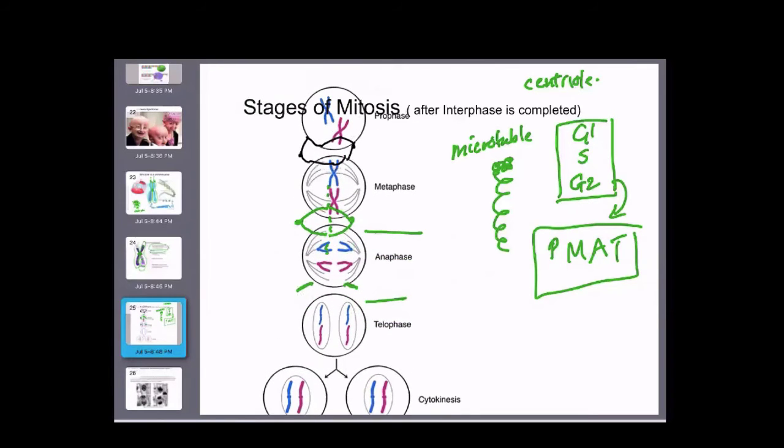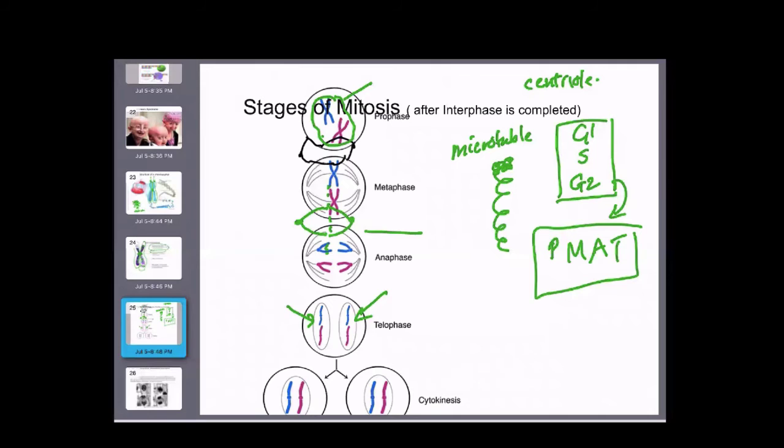And then we move into telophase. When we move into telophase, you now see a nuclear membrane reforming. So in prophase, there's still a nuclear membrane, and that nuclear membrane dissolves between prophase and metaphase. So in prometaphase is where the nuclear membrane goes away.